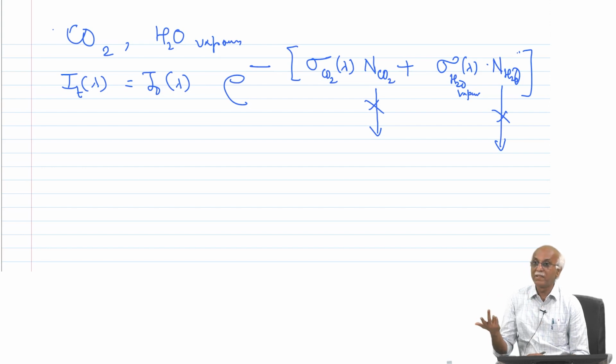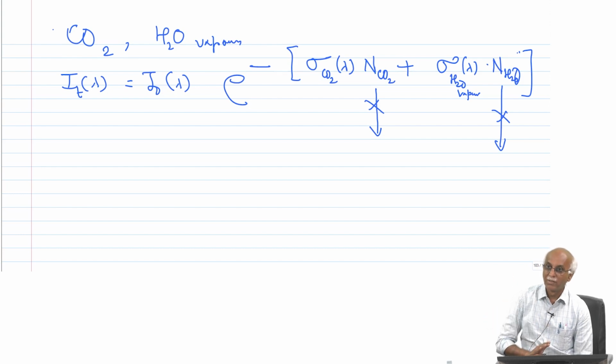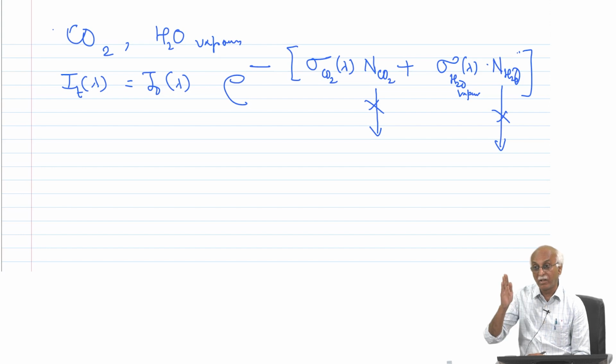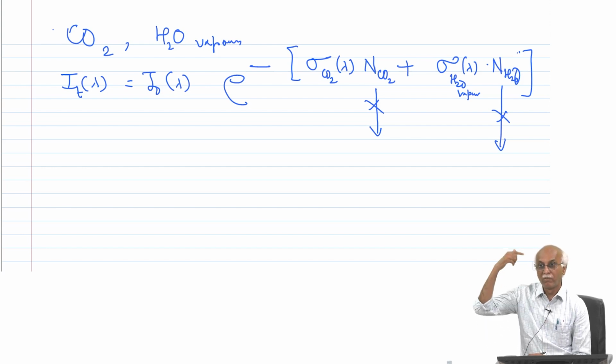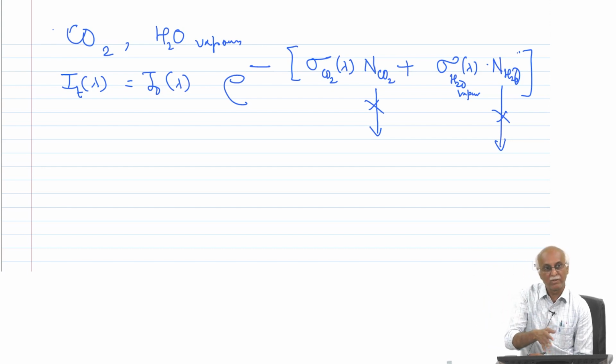And for another wavelength I can find one where there is no CO2 absorption, only water vapor absorption, and I can derive the water vapor concentration, or I can take another wavelength which has both CO2 and water vapor. From the first wavelength I have derived the CO2 concentration, I can substitute here, and for the next wavelength I can derive this.